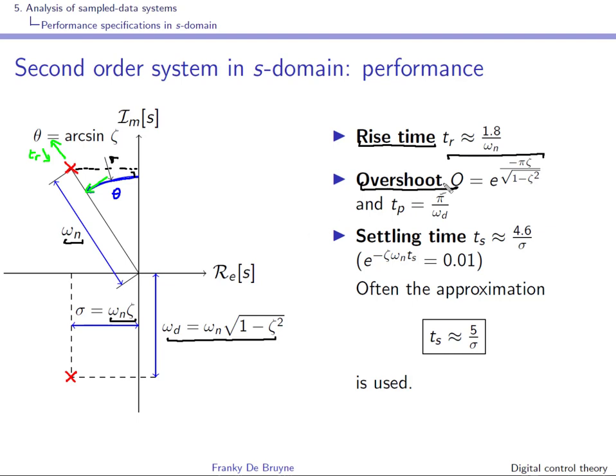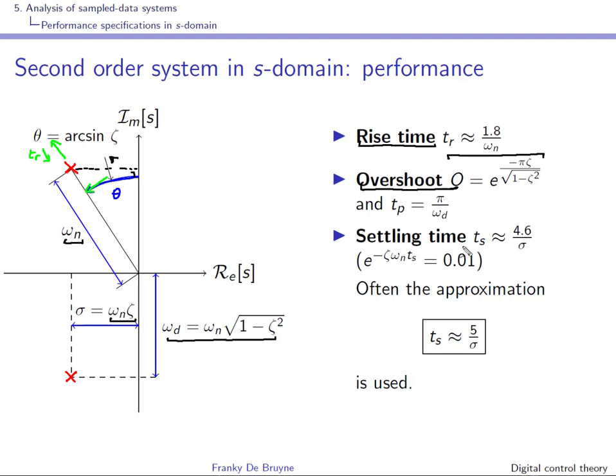If you put a zeta here that is closer and closer to 1, because of this 1 minus zeta squared, you'll have the exponential of something minus something that is large, so this will go to an overshoot of 0. So if you want to decrease the overshoot, you should push over here as I have shown.